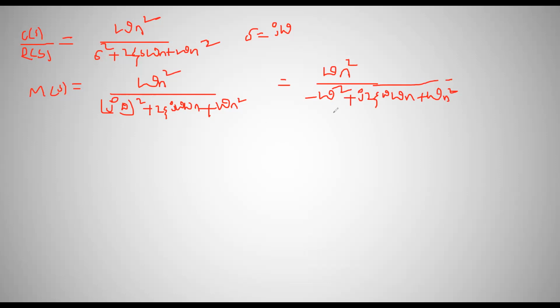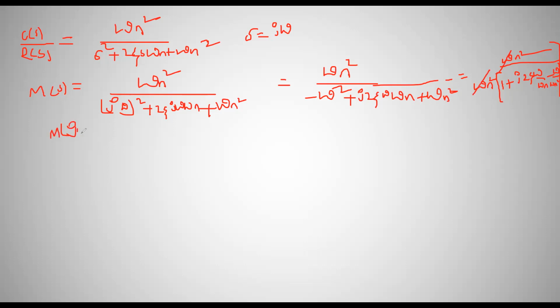In the denominator omega n square is common, so omega n square in the numerator, omega n square is common, 1 minus omega square by omega n square plus j into 2 zeta omega by omega n. Then in the numerator omega n square is cancelled.